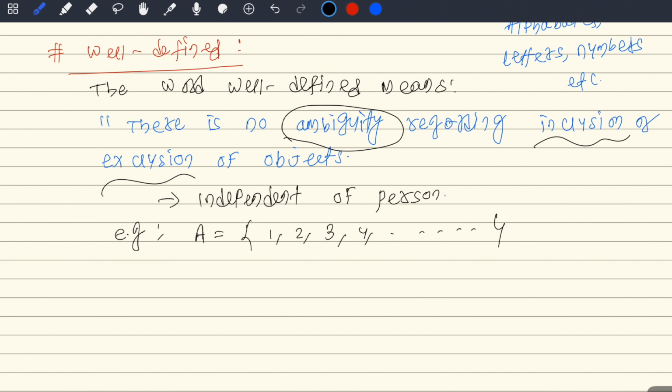For Bharti also the set A has the same elements, right? And if I ask whether 6 is a part of the set A or not, you include 6 or not? Here 6 is a part; 6 is included. So there is no confusion regarding whether 6 is a part or not. That means there is no ambiguity. The rule is clearly justified, or mathematized.